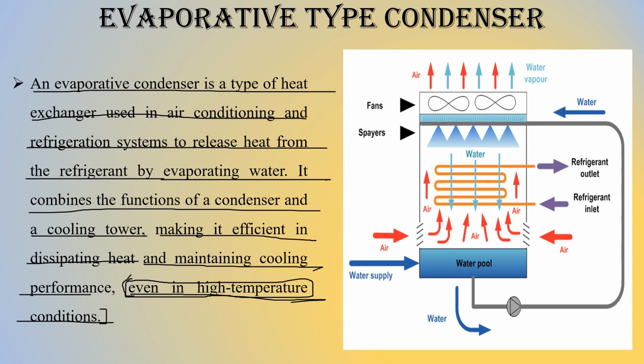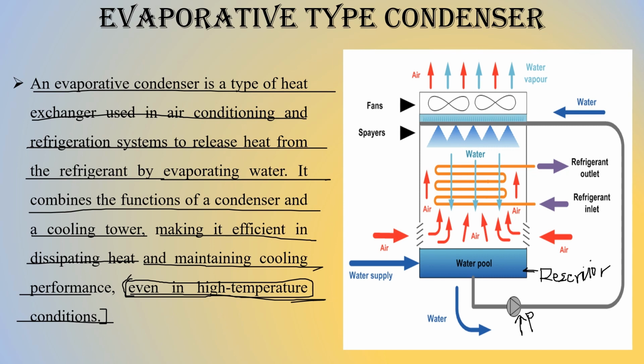Okay, now let's come to the diagram. So what can you see here? The components. This is a water pool, or you can say a reservoir. Okay, reservoir. And this is a pump. This one is a pump.